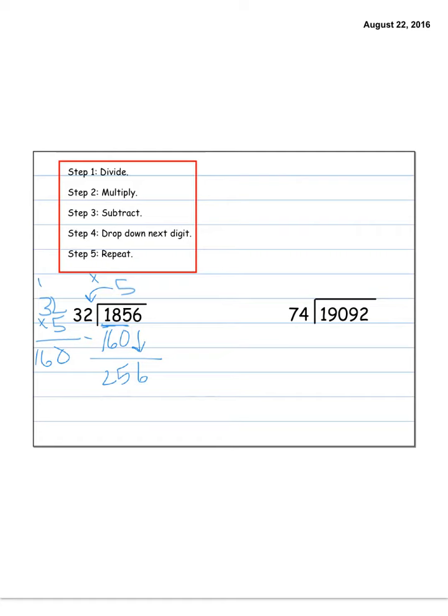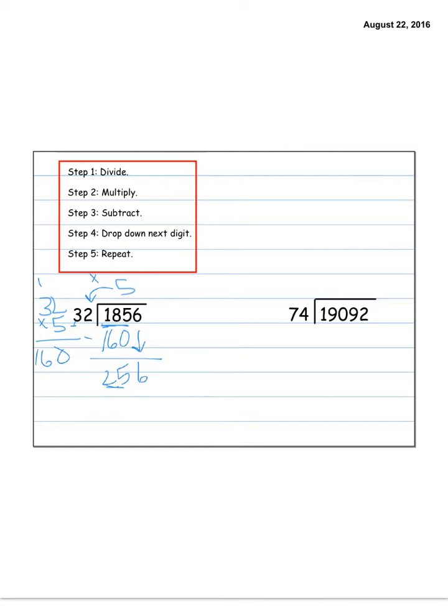Now we have to ask ourselves, how many times does 32 fit into 256? Okay. So I'm going to use the same kind of idea that we did before. I'm going to look at this 3, and I'm going to look at 25.